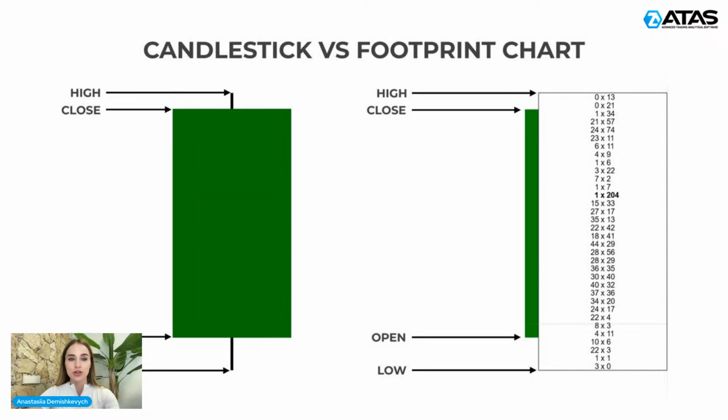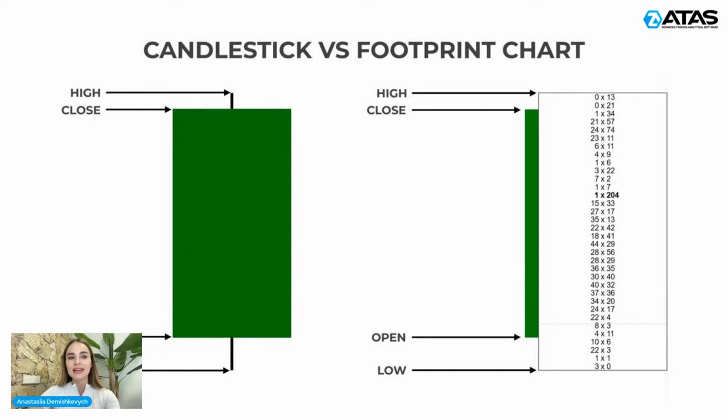On the left side of your screen, you can see a regular Japanese candlestick. So this is how the candle looks. It has the open price, the close price, the high and the low prices. Now on the right side, you see a simplified version of a footprint chart representing that same candle. This shows you also the open, the close, the high and the low, but inside of a footprint chart.